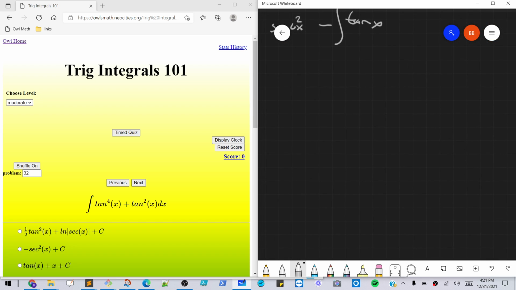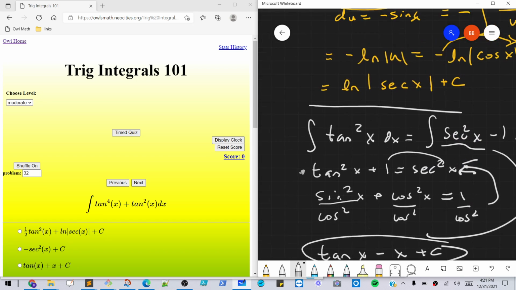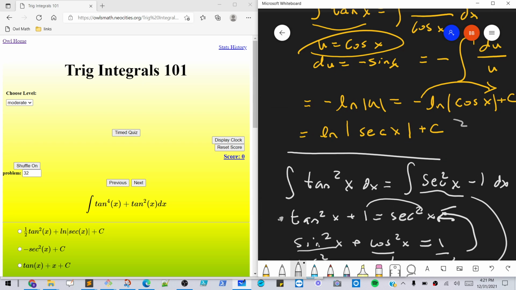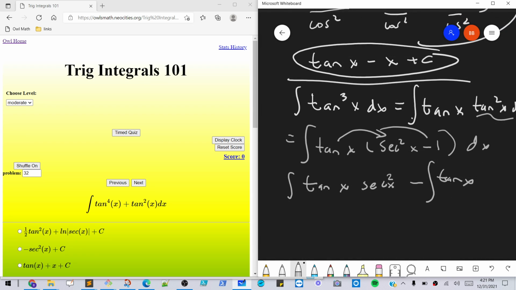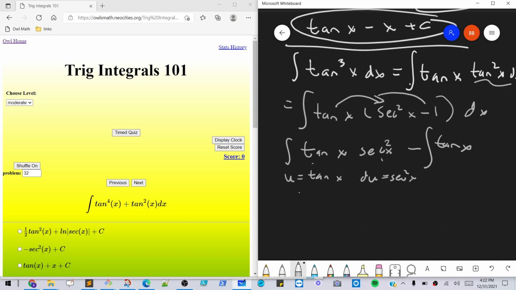I've struggled with this board. Okay, right here, so we have that already. And we know the derivative of tangent is secant squared, so we'll do a u-substitution here for tan x. du is going to be secant squared x, and this is going to be just u du.